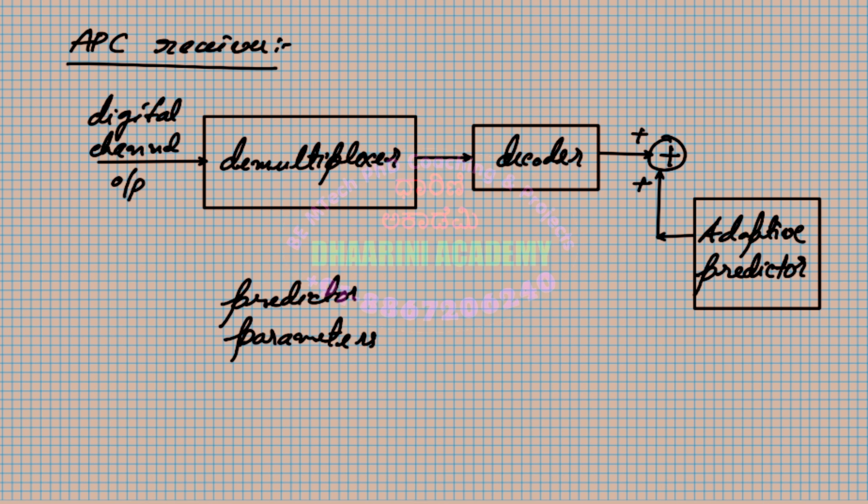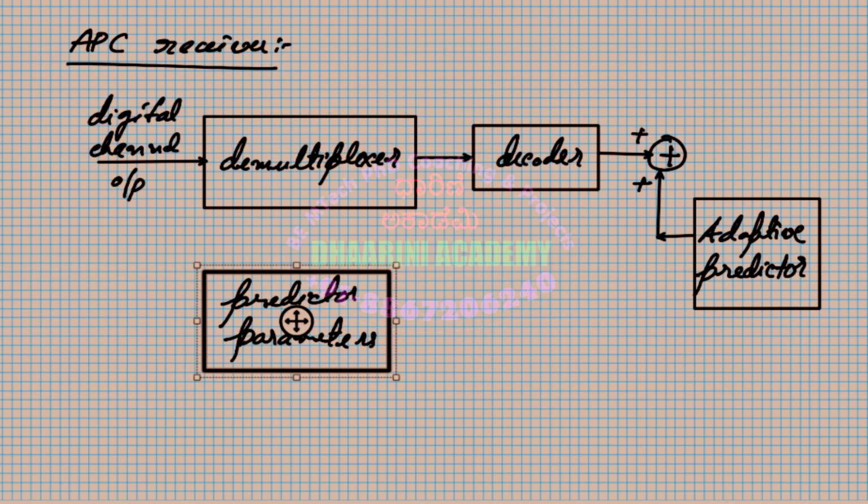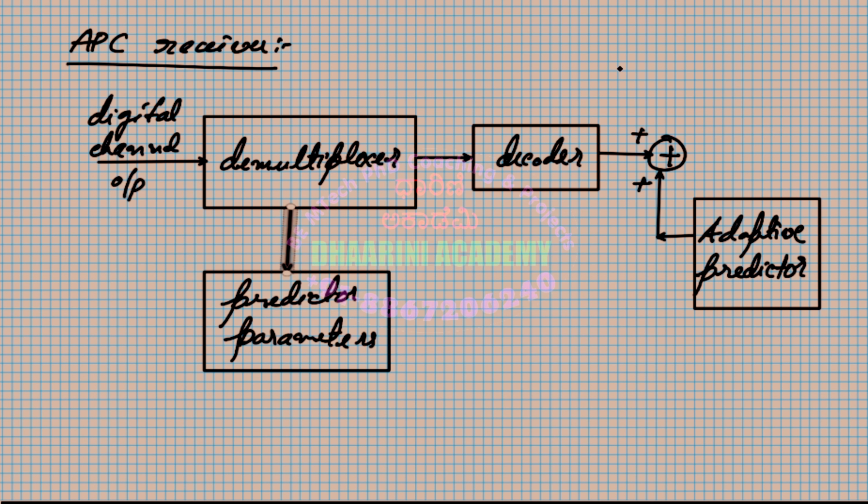You can use a computer over here. It's a small device which can be used to compute the predictor's parameters. So from the demultiplexer, get the data, and from this itself you predict.